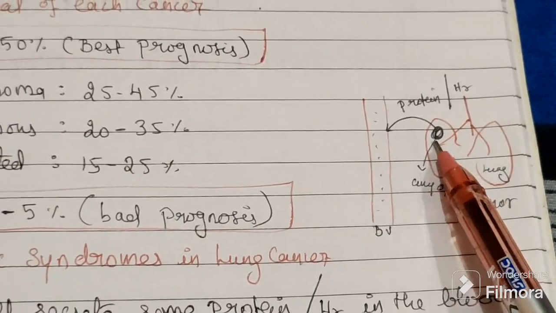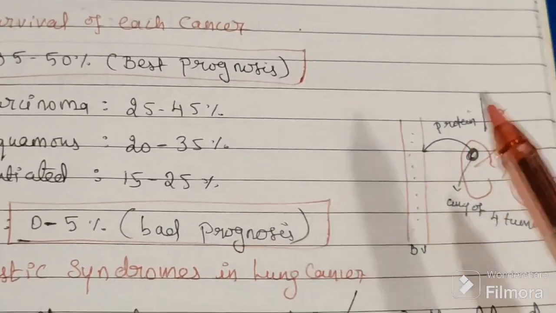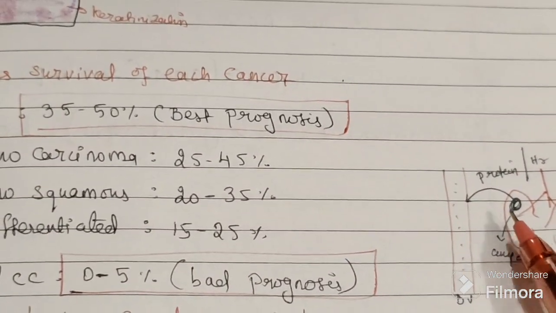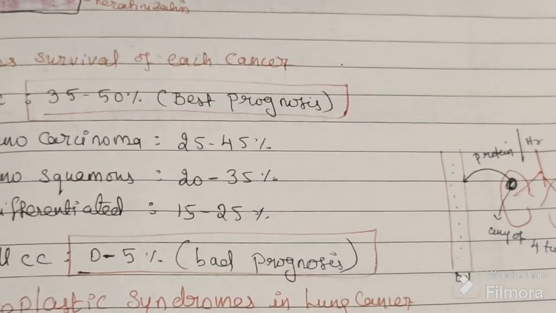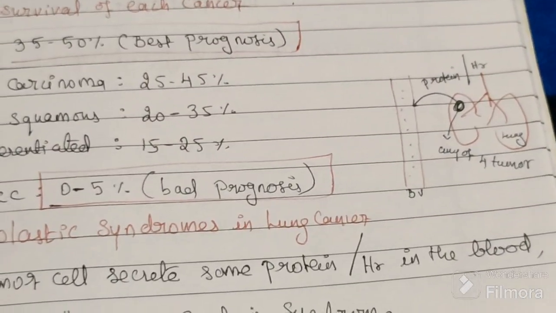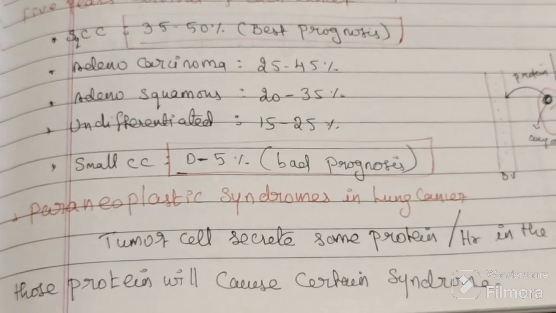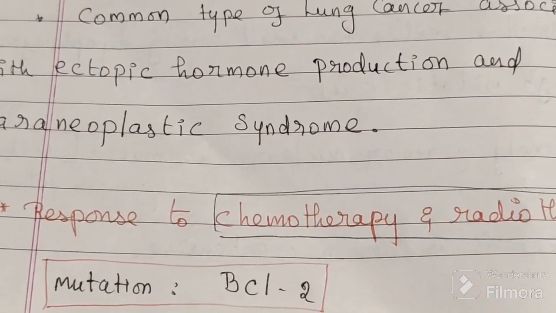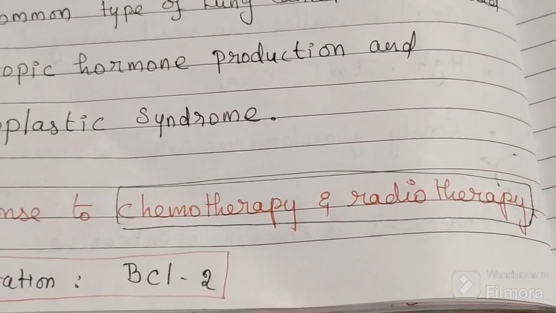Suppose this one is the lungs, here the tumor, and this one is the blood vessels. This tumor secretes some hormones or proteins into the blood, and those proteins cause a syndrome known as paraneoplastic syndrome. This is common in lungs. Here the mutation is BCL2. This one responds to chemotherapy and radiotherapy.